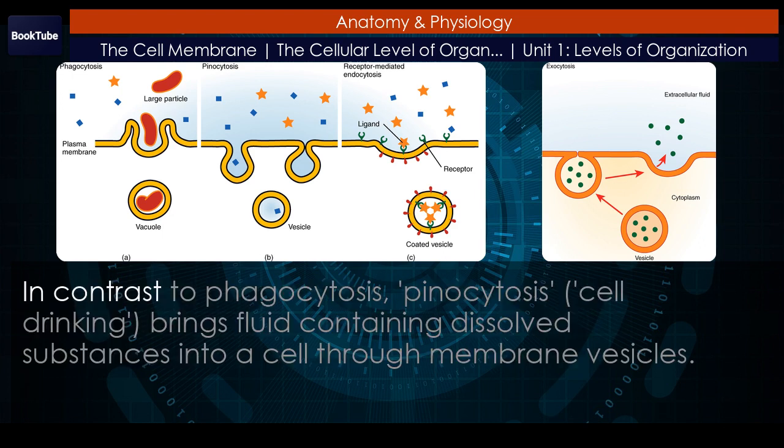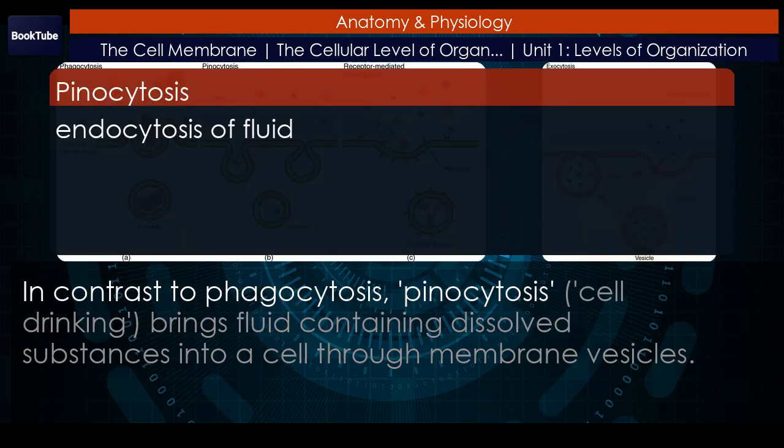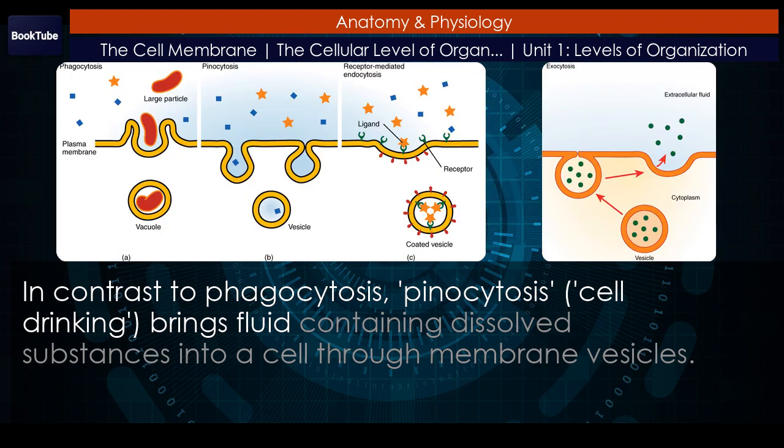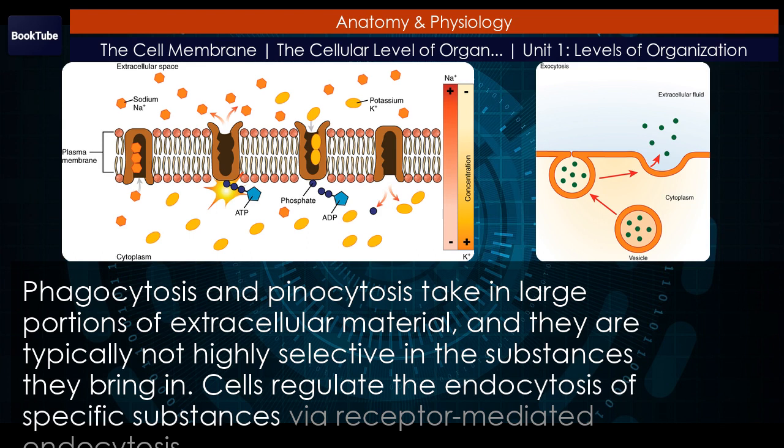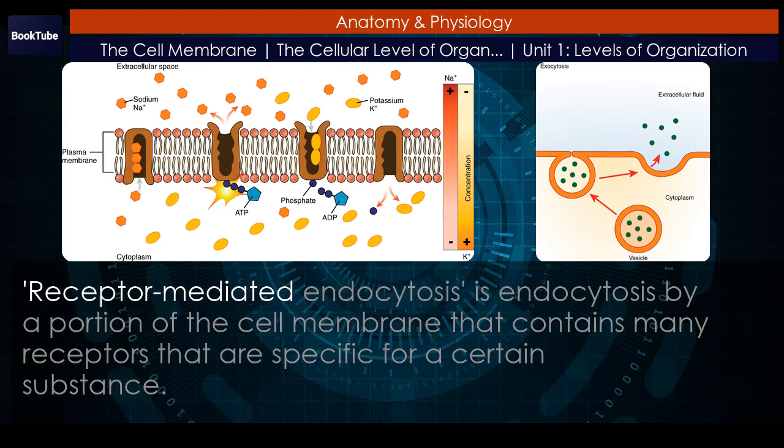In contrast to phagocytosis, pinocytosis, cell drinking, brings fluid containing dissolved substances into a cell through membrane vesicles. Phagocytosis and pinocytosis take in large portions of extracellular material, and they are typically not highly selective in the substances they bring in.